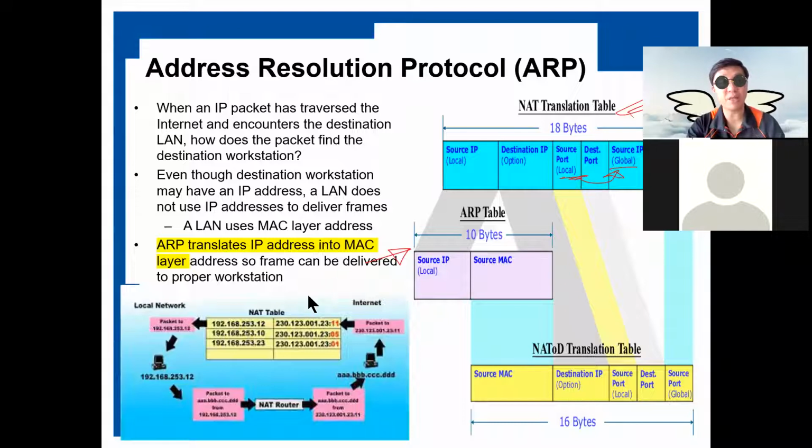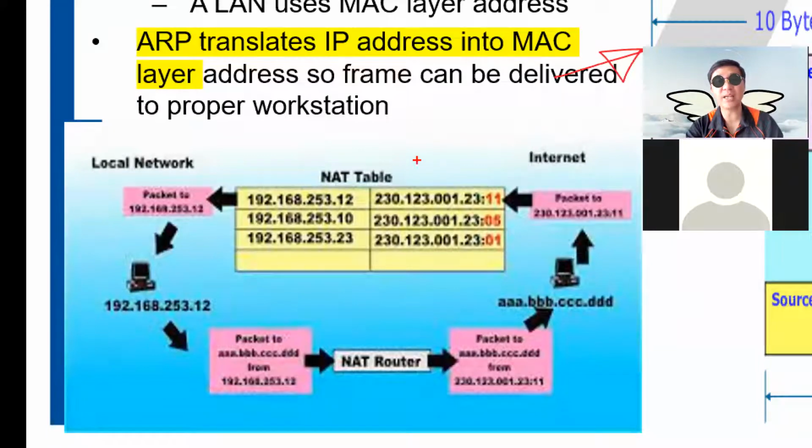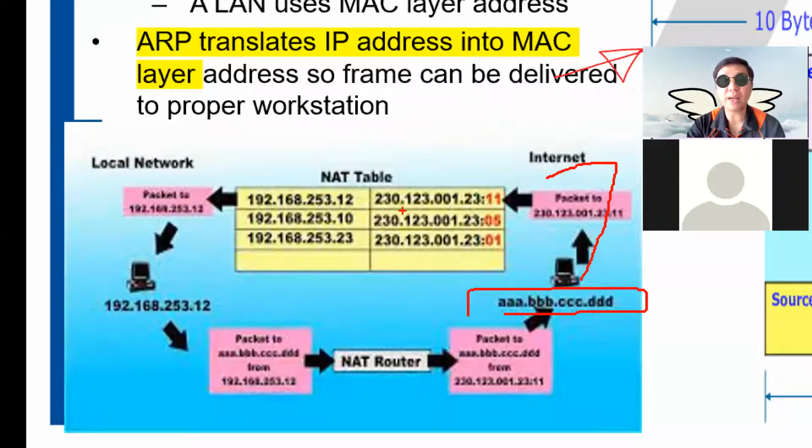Take for example, if you're still lost, this particular map over here, the diagram. If somebody from outside sends, okay, from this IP address, to the internet, and the internet routes to the public IP address, which is this 23... Let's say I want to send to this company.